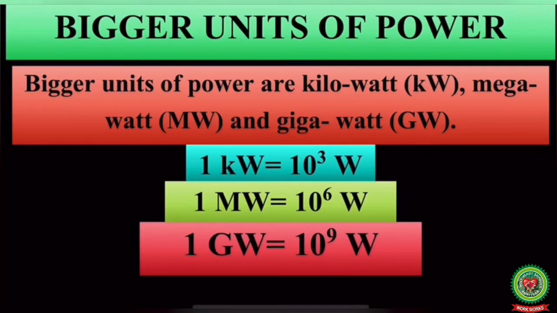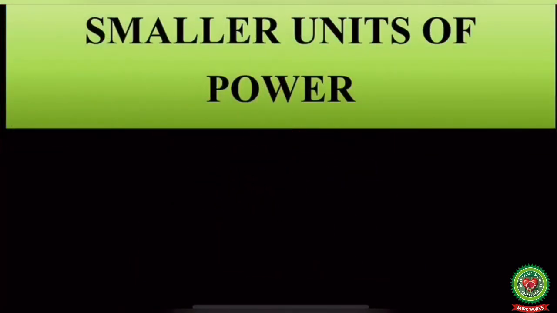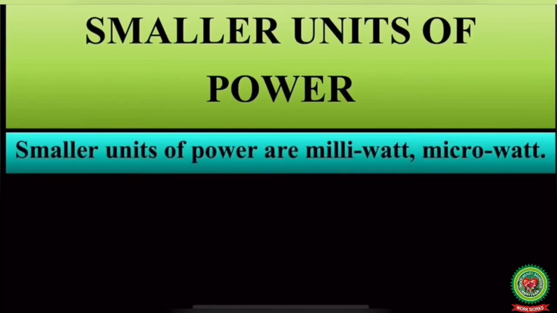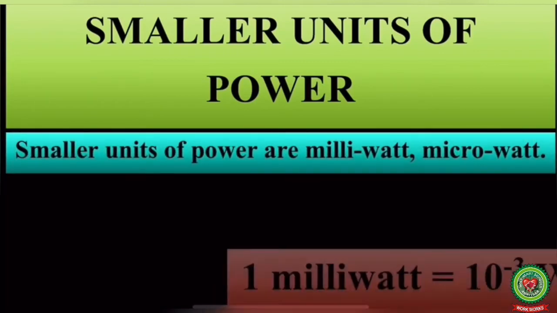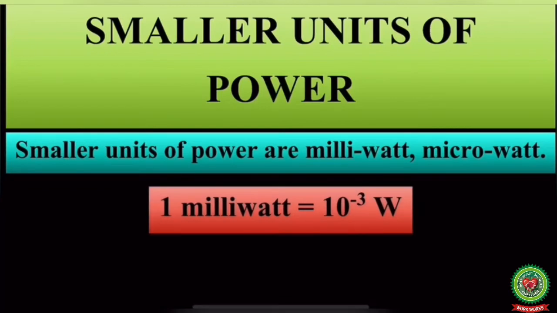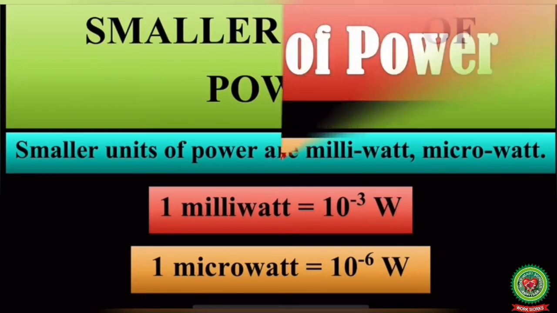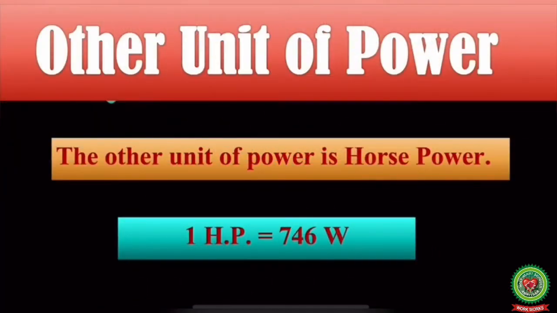Now we'll be talking about the smaller units of power. The smaller units of power are milliwatt and microwatt. What is the relation? 1 milliwatt is equal to 10 raised to power -3 watt and 1 microwatt is equal to 10 raised to power -6 watt. Let us now talk about other units of power.